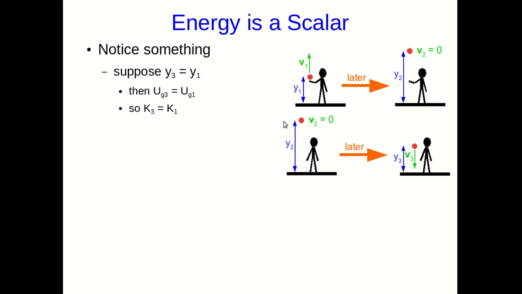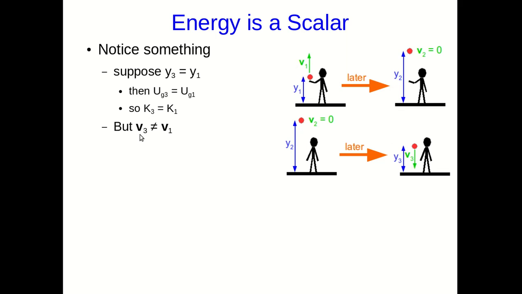And since the total energy is a constant, the kinetic energies at time 1 and time 3 must also be equal. But notice the velocities, v3 and v1, are not the same because they're in opposite directions.